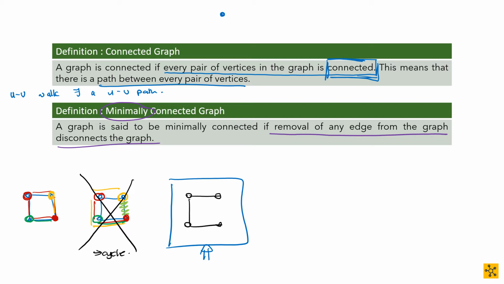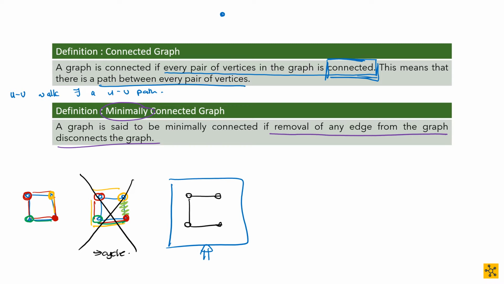There are dual definitions occurring. However, there will be situations where you can have a tree as a subgraph, but it is not going to be a minimally connected graph because the tree is only the subgraph. So just take that into account. A minimally connected graph is one where if you remove any edge from the graph, it disconnects the graph.